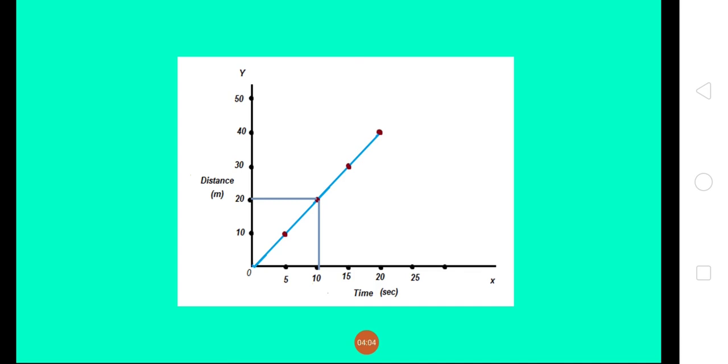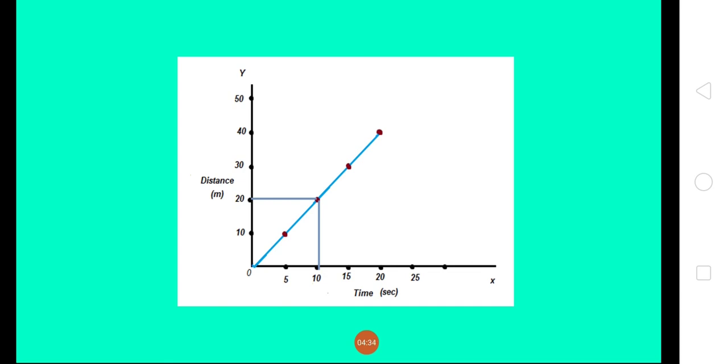According to the data given in tabular form, we have represented the quantities using points. Here, the object has traveled 10 meters in the first 5 seconds, then 20 meters at 10 seconds, and after every 5 seconds it has covered a distance of 10 meters.